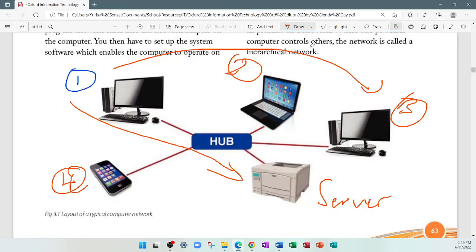You don't have to run all the way back to your room and log on to your computer to access the file on the server. You can access it right from the computer in room number 3. That's the benefit of having a network with a server. Any computer on the network will be able to access that server.